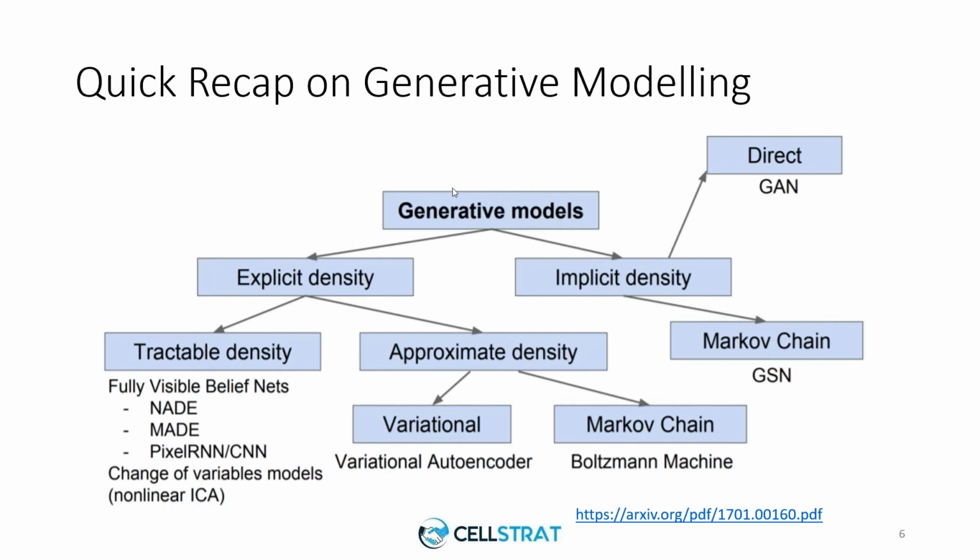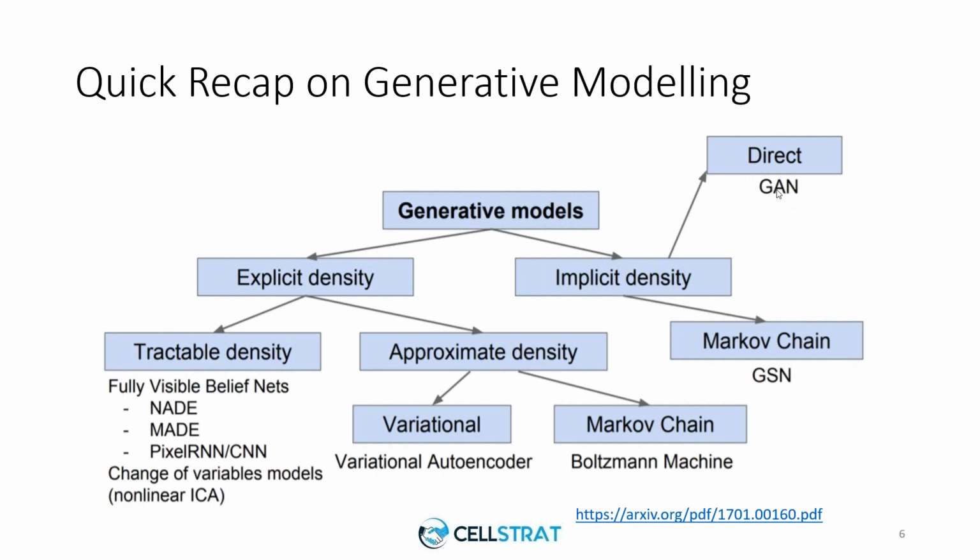All right, coming to a quick recap on generative modeling. Generative modeling is divided into two sections. One is explicit density, and the other is implicit density. In the case of implicit density, we take a few examples and use them to generate further data.